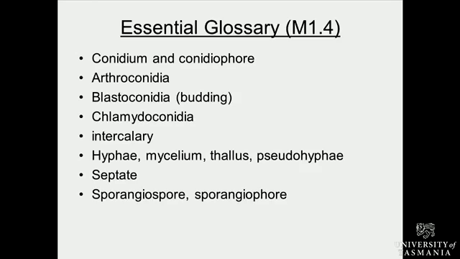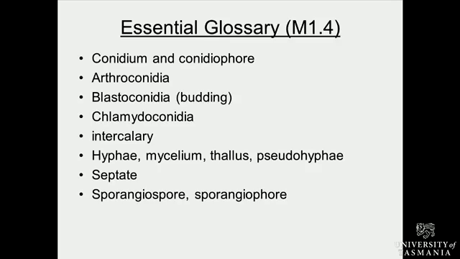And then you only find sporangiospores and sporangiophores in the kinds of fungi that have the big, broad hyphae that's non-septate. Big, broad hyphae, almost non-septate. Big, broad branch, great big sac full of spores.